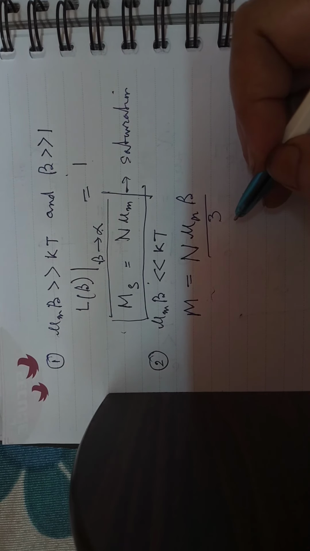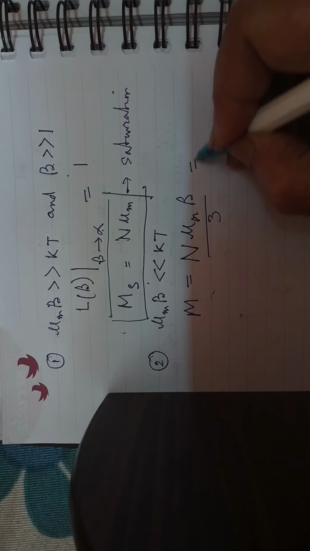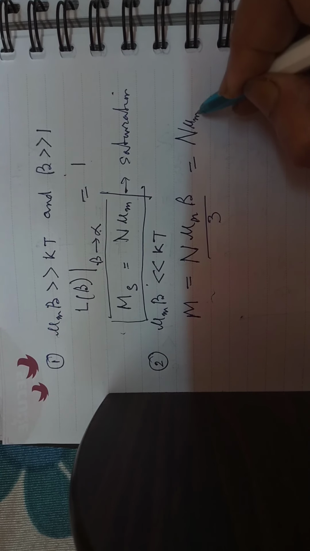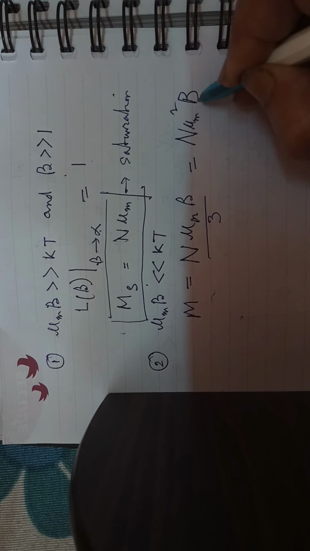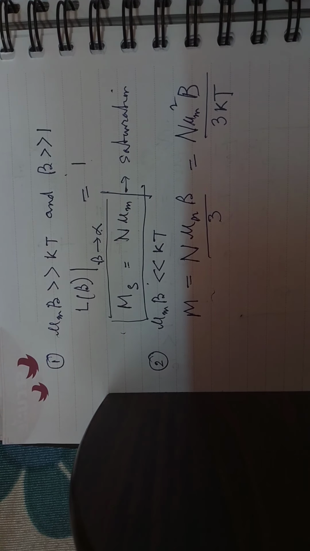If you put in the value of beta, you get N mu m squared B by 3kT. This happens when beta is much less than 1, and then the Langevin function gets modified in this manner.